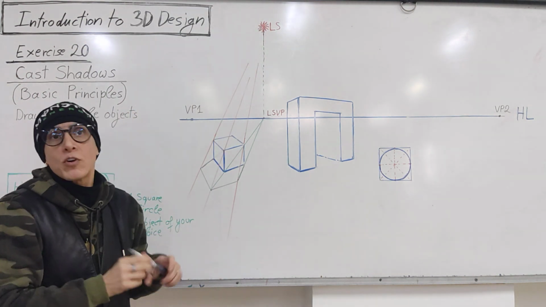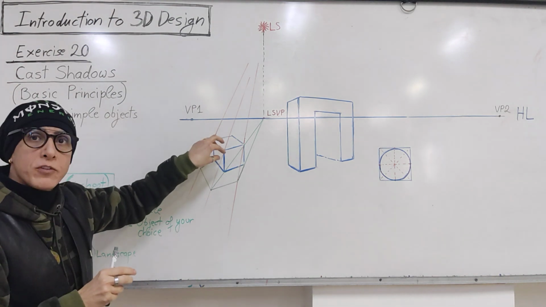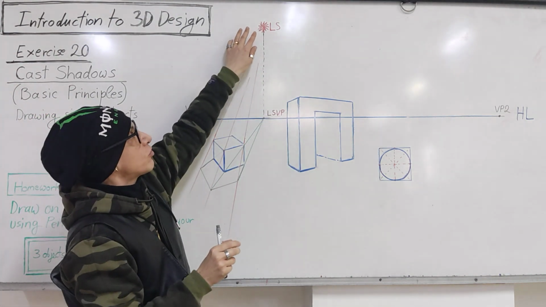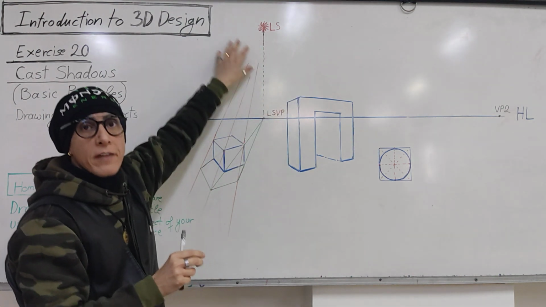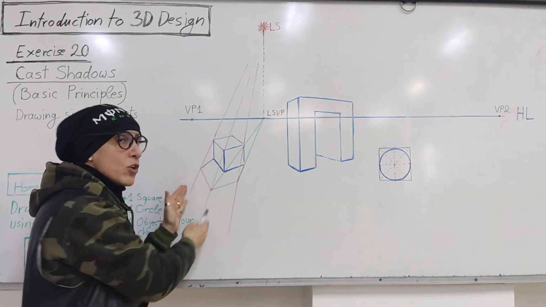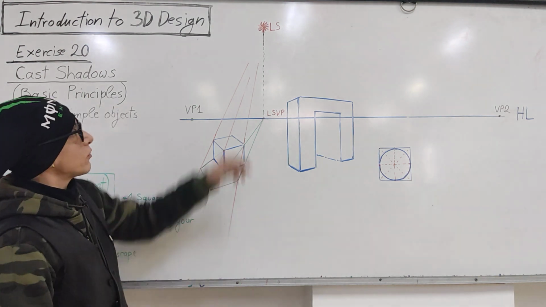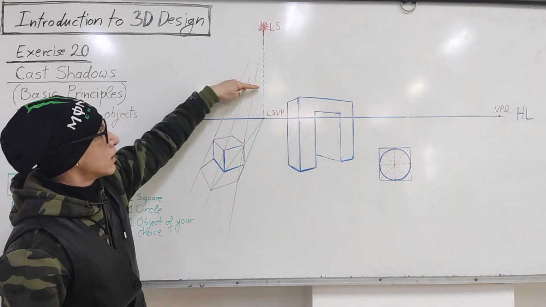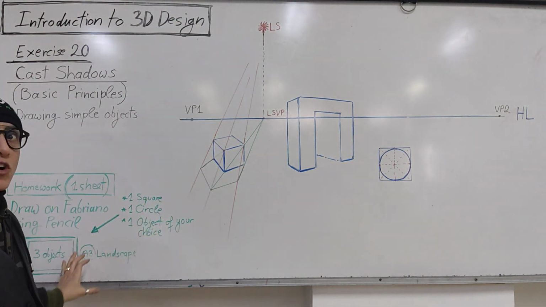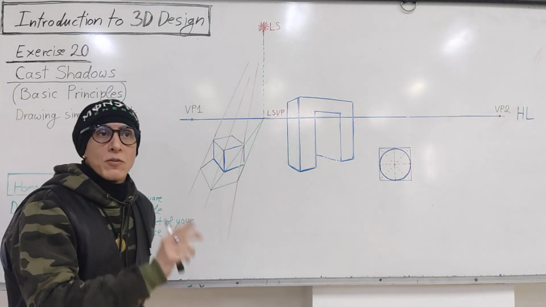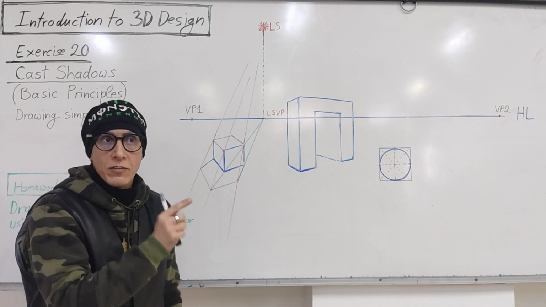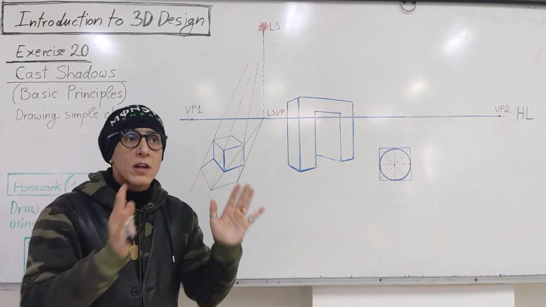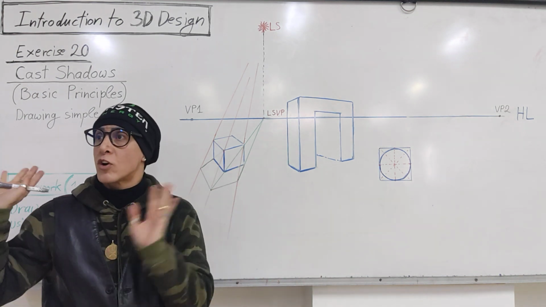Why am I saying this? Because once you change the size of the cube, once you move this cube to another location, once you change the light source location and height, the shadow will be different. Now, if I put the light source down here, for example, the shadow will be much longer, okay? So, what I am saying is that when you draw later on, even if all of you draw a cube, everybody will have a different drawing.